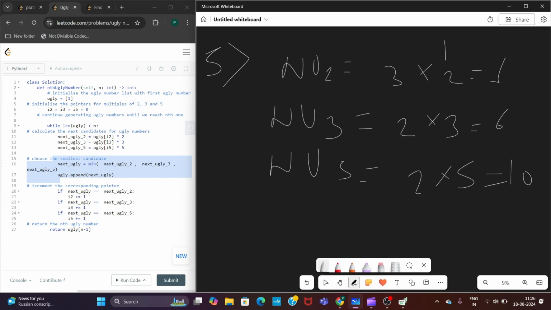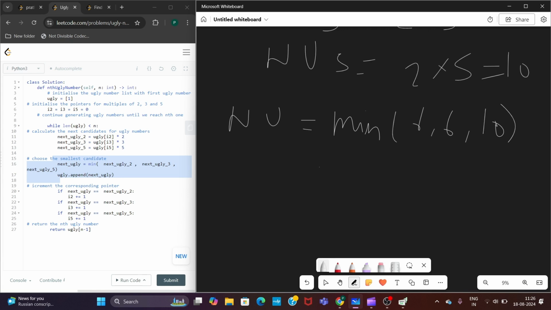So we have to find the minimum of 6, 6 and 10. Its minimum is 6. So my ugly array will contain 1, 2, 3, 4, 5 and 6.